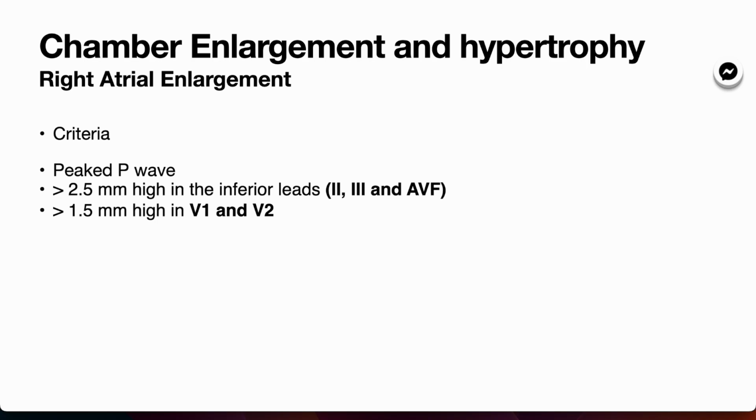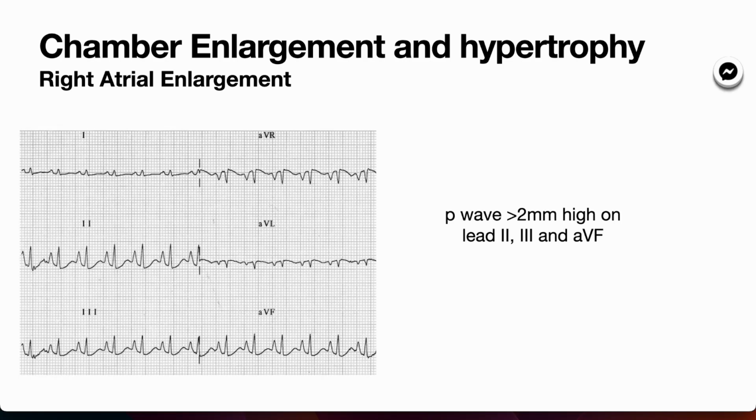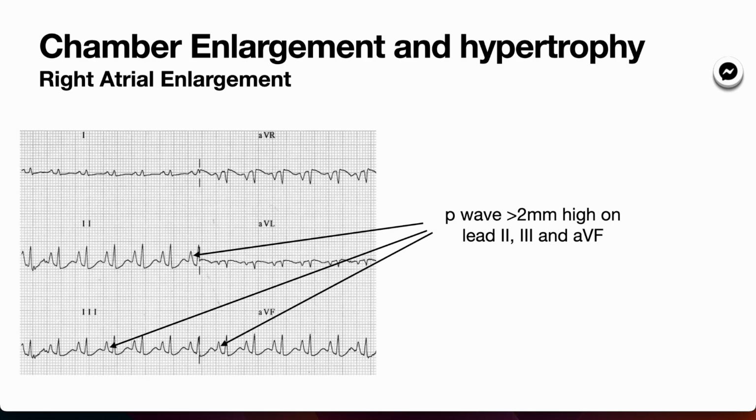And if it's more than 1.5 millimeters high in V1, V2, that's right atrial enlargement. You can see here in lead 2 that the P wave is 2 millimeters high, similarly in lead 3 and lead aVF. So that's right atrial enlargement if it's a tall P wave, especially in 2, 3, aVF, more than 2 millimeters high.